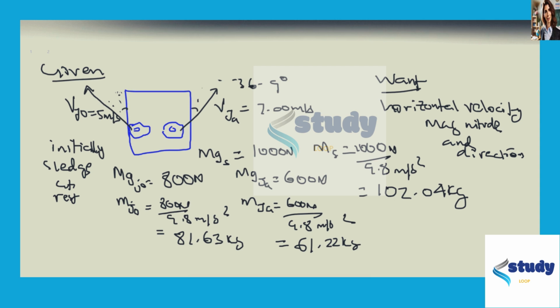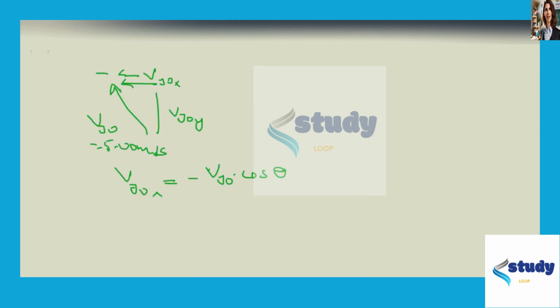So going back, the velocity is 5.00 meters per second, and we multiply that by cosine of 30, which gives us negative 4.33 meters per second.